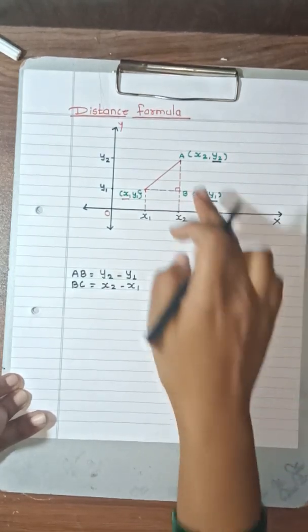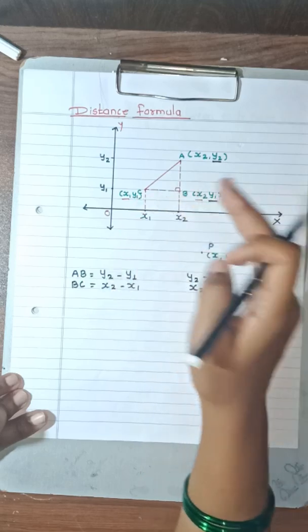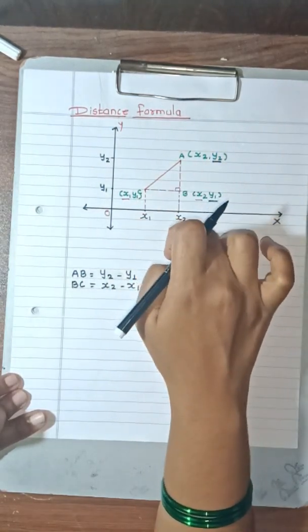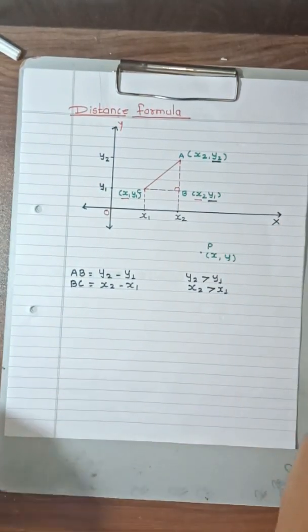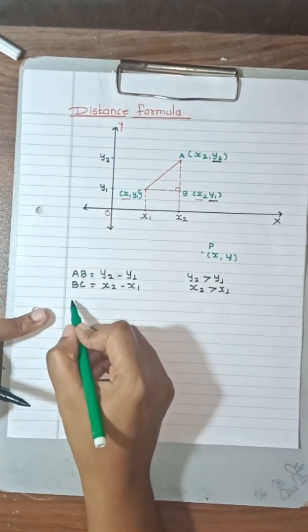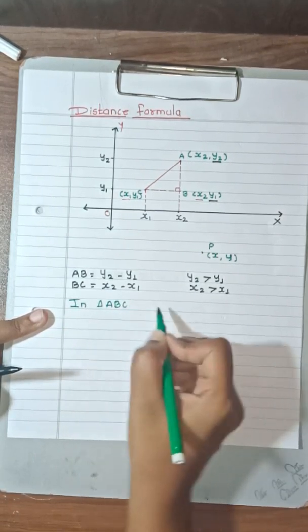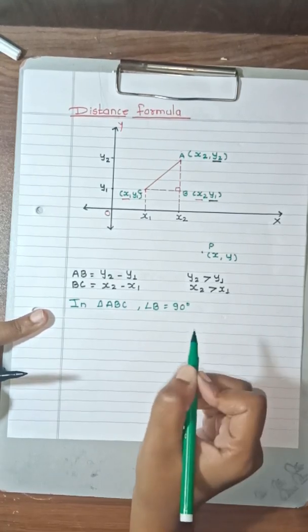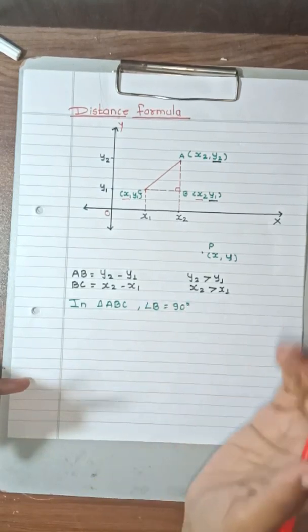Now we have a triangle over here, that is triangle ABC. This triangle is a right angle triangle as this is perpendicular to the x-axis. Therefore angle B will be 90 degrees. I'll write down here in triangle ABC, angle B is equal to 90 degrees. Now here we are going to apply the Pythagoras theorem.